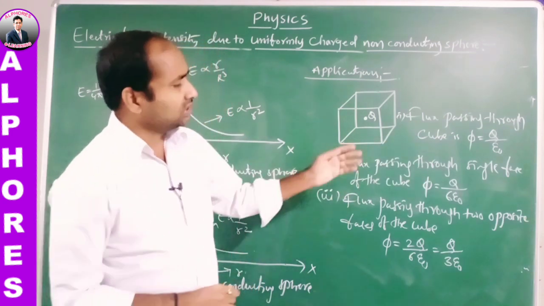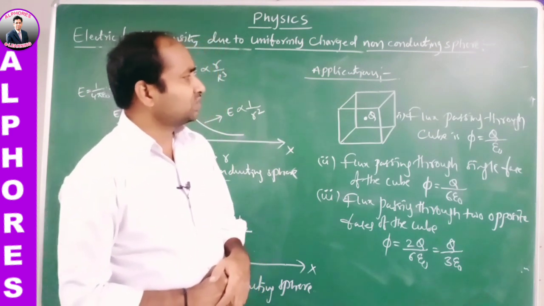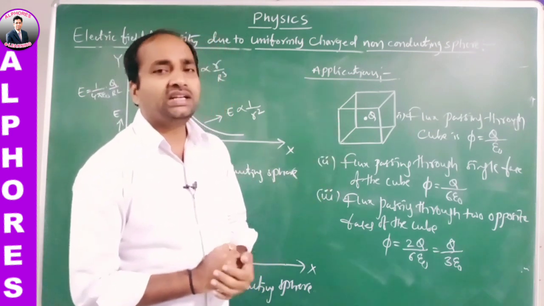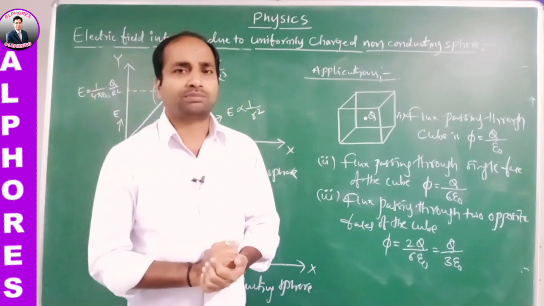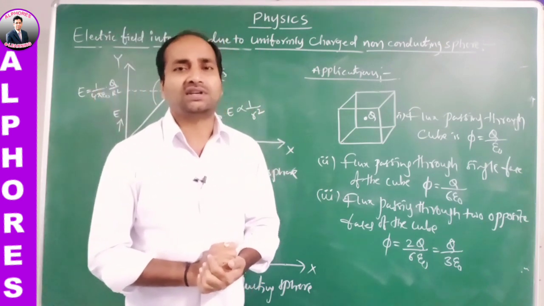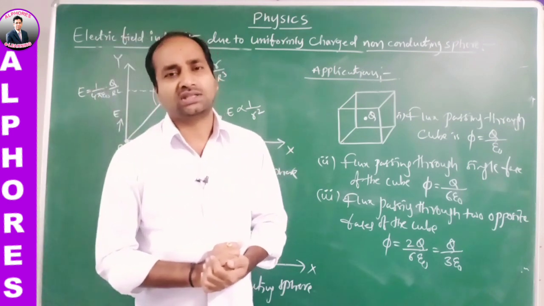Sometimes the question may be asked like this also. If a charge capital Q is kept at the center of one of the faces of the cube, then what is the flux passing through the cube?